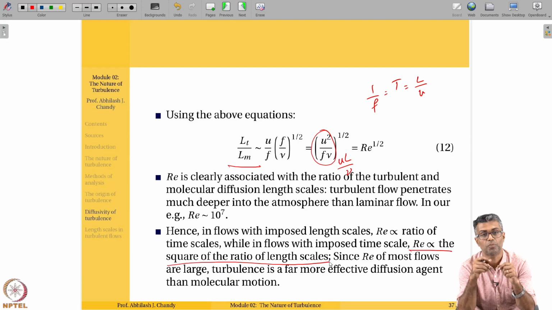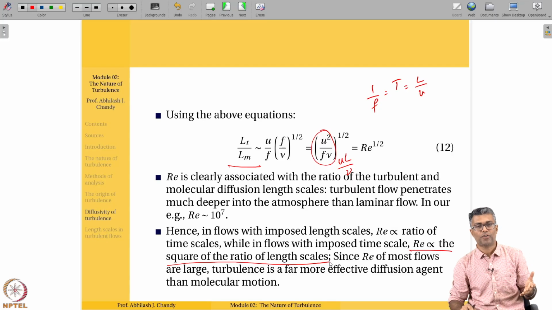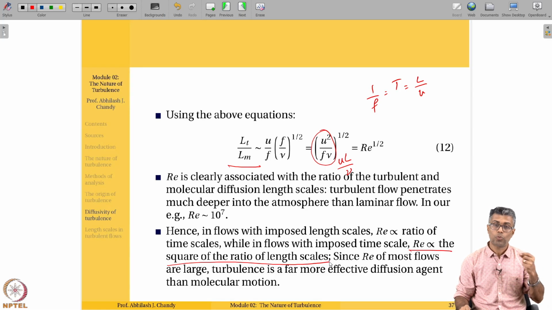So since the Reynolds numbers of most flows are large, we agree that turbulence is far more effective in terms of diffusion compared to laminar motion, compared to molecular motion. And we knew that. That's why we called it enhanced diffusion, right? But this essentially proves that as well. Re is Lt squared over Lm squared in an imposed length scale, in an imposed time scale problem, I'm sorry.